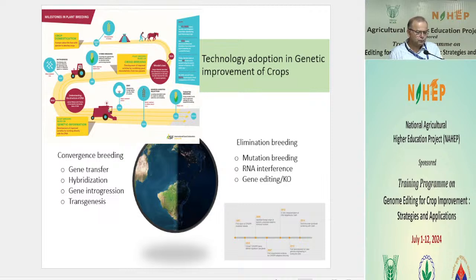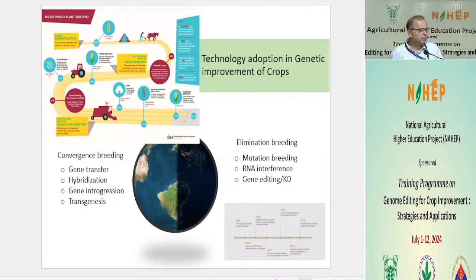All these developments happened towards the end of the previous century, and then we started calling this the era of precision breeding, where precisely we can follow or track a particular trait, or the gene segment or the DNA segment responsible for that trait, by using the molecular marker.